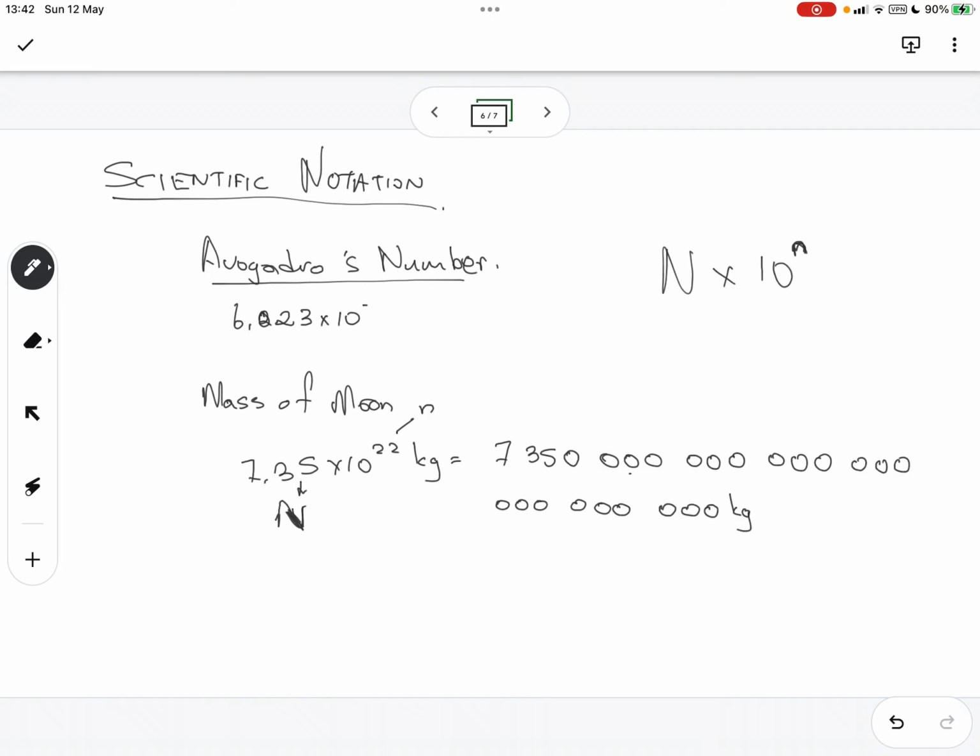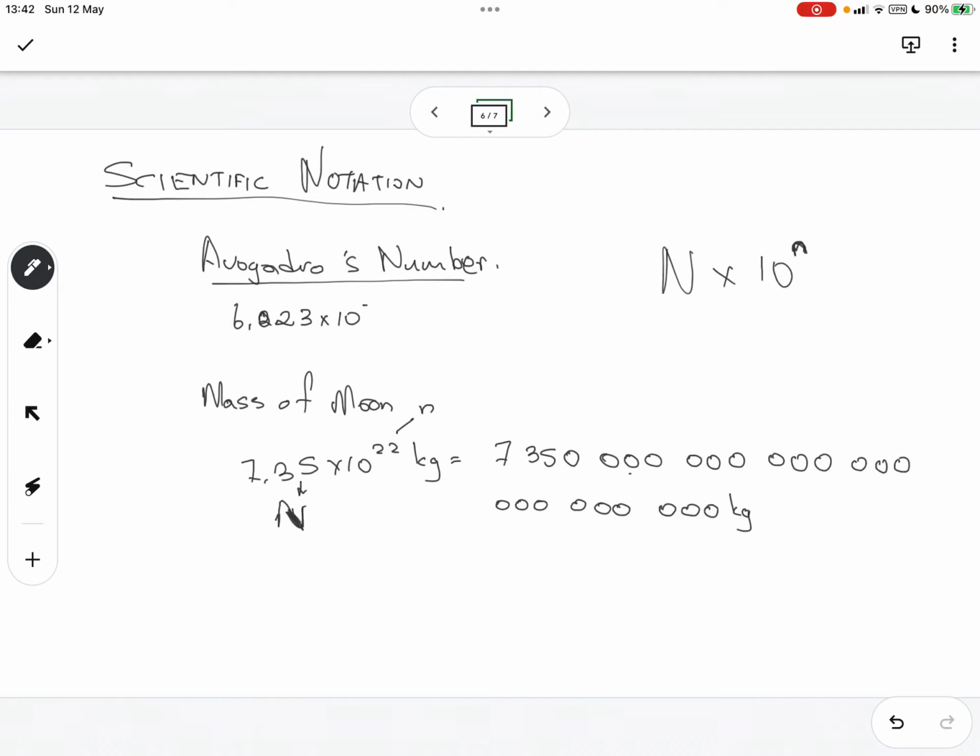You can see the letters now. Avogadro. There we go. Avogadro's number.